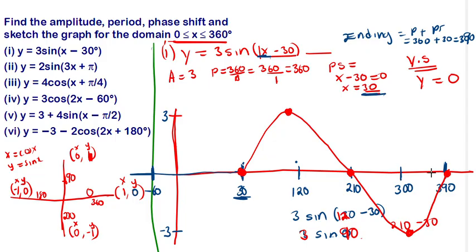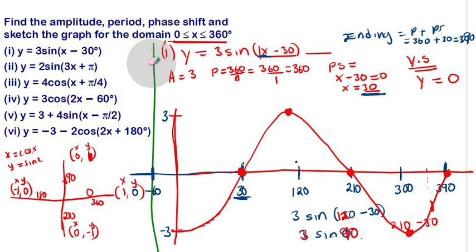So you just estimate where 360 will be in this situation. It will be somewhere here, right? So there, that's where it will be. Again, you just continue it like this, just like that. So that is how the graph will be.